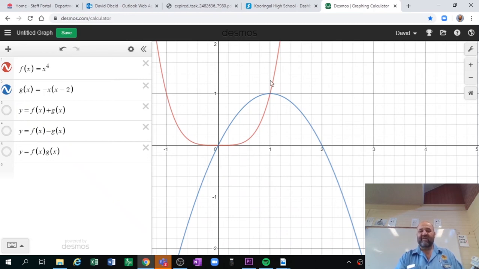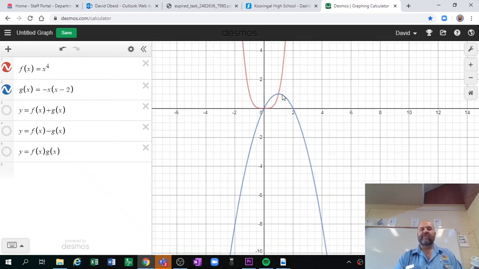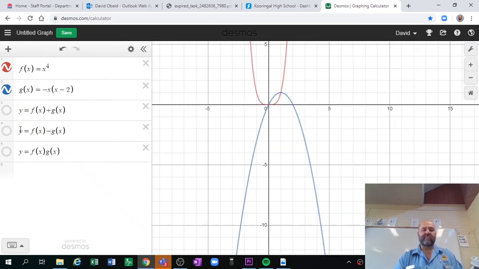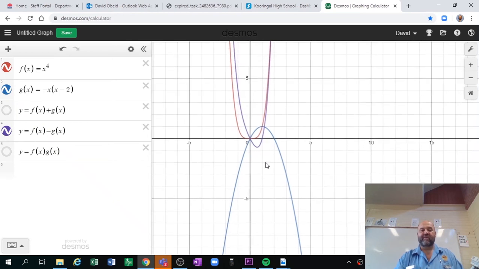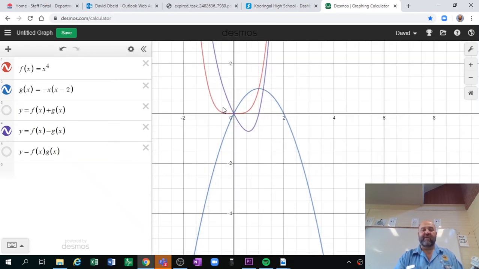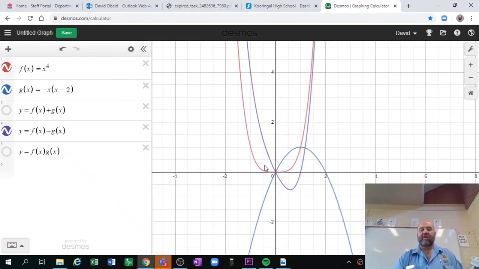Well, then what happens? Then the red curve grows much faster than the blue curve. So red minus blue is going to be positive, and it's going to be positive all the way. Okay, so let's have a look at what that looks like. And we see exactly what I just said. Over here on the left-hand side of the 0, with the red curve minus the negative, so it's plus the blue, it increases much quicker than y equals x to the power of 4.